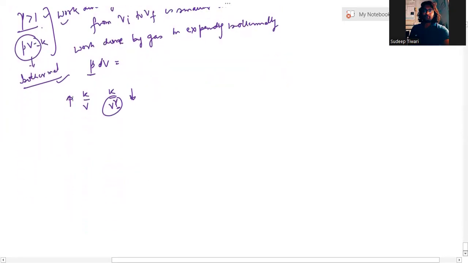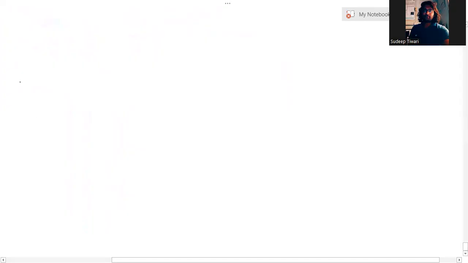So now let us derive the expression for work in adiabatic condition. This will be given by delta W from V initial to V final equals the integral of P dV, and this will be some constant. I'm not going to write that. I'm just writing it as PV raised to power gamma, so this is V raised to power minus gamma.